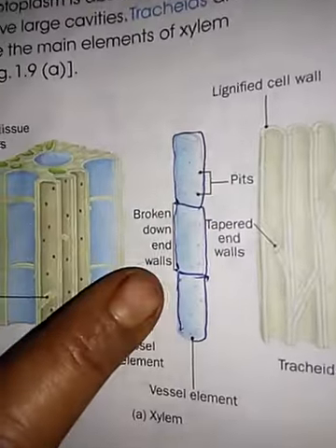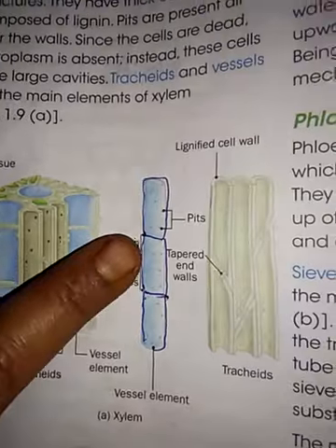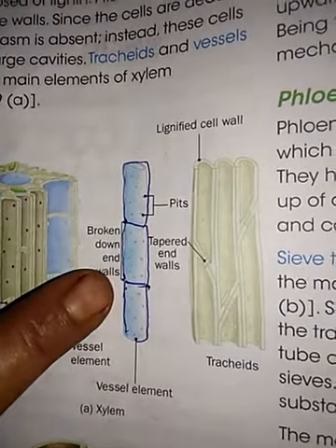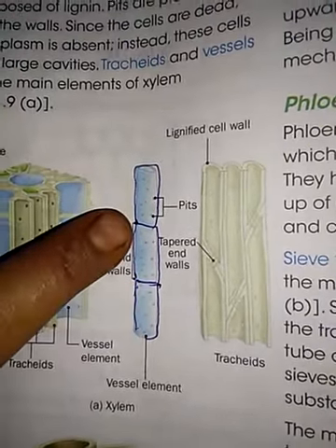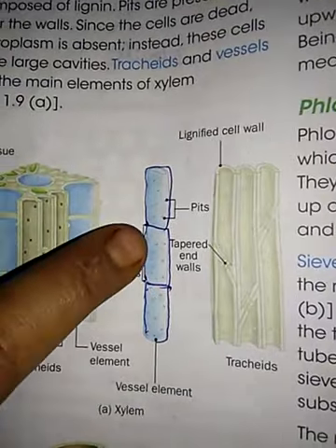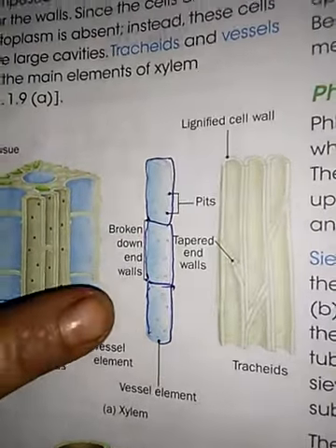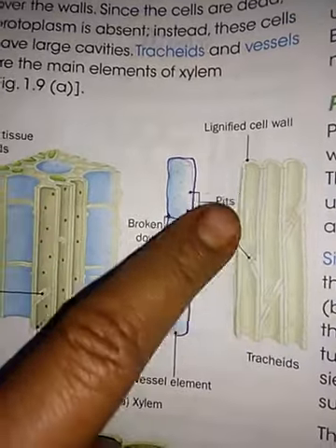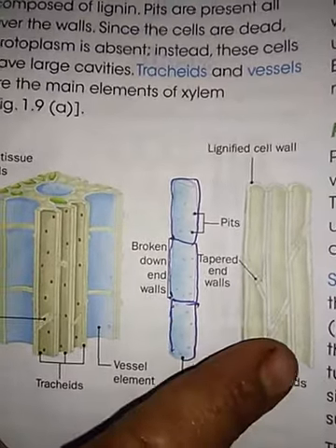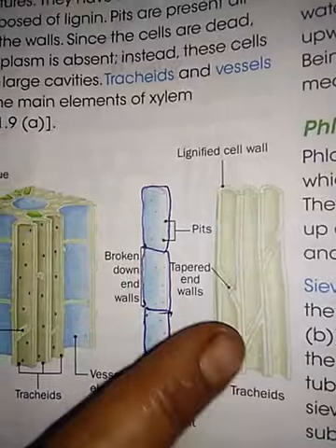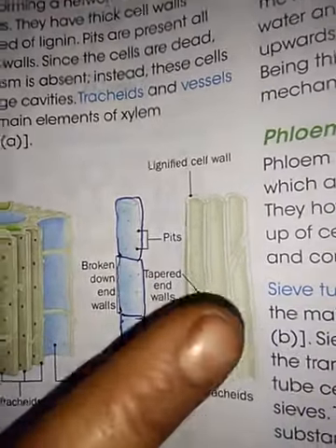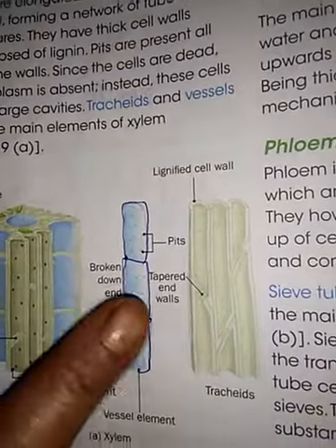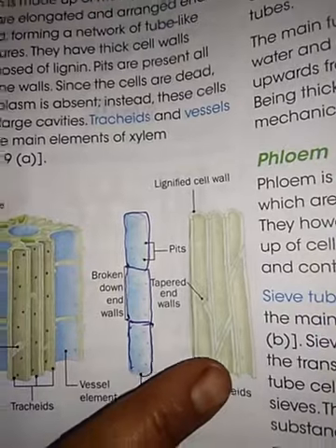But in the vessels, there is a segment. The segments are present in the cell wall of the vessels. But in the tracheids, there is no segment.